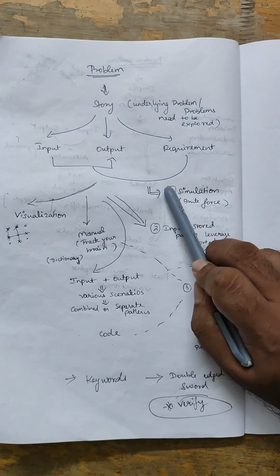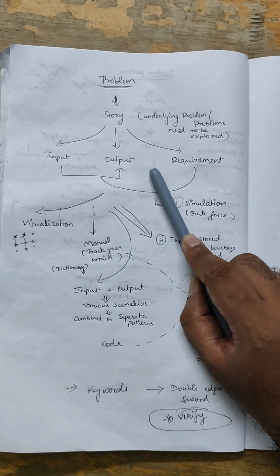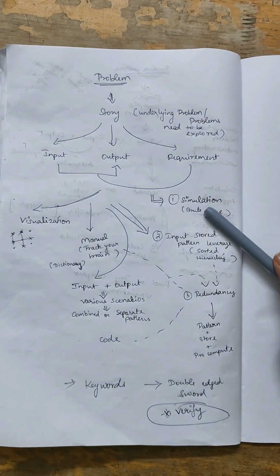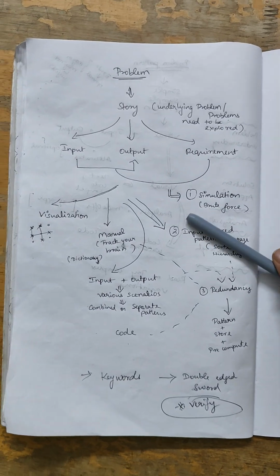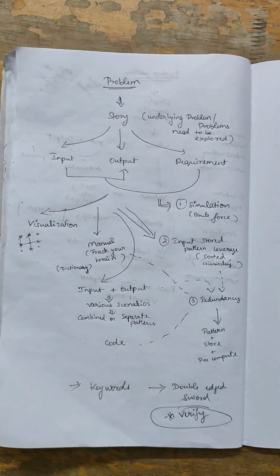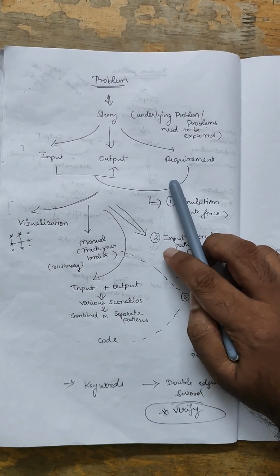I generally call this a simulation, where you mimic the requirement and transform the input to the output step by step. In some contexts it could be called the brute force solution. But when you convert the requirement into code, it is a simulation.